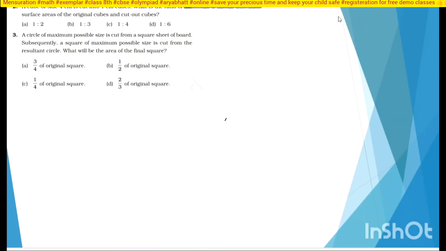Understood? Now see, the third question. A circle of maximum possible size is cut from the square sheet.